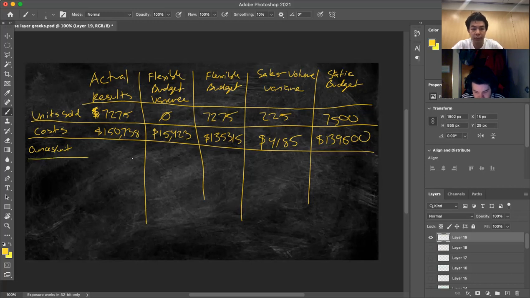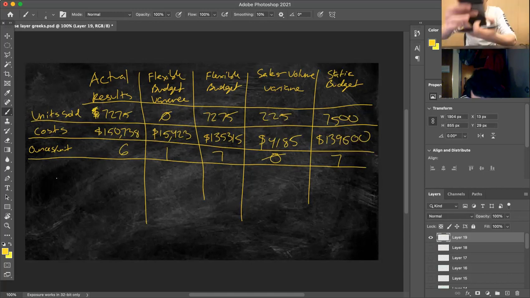Okay, let me start filling in the chart now. So we have ounces per unit, and then we have cost per unit.